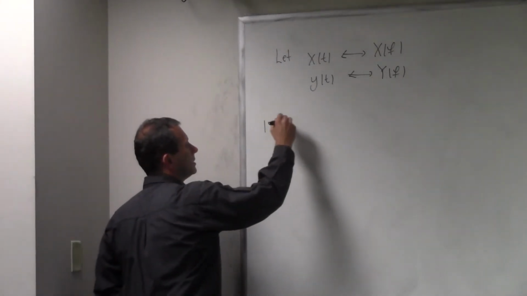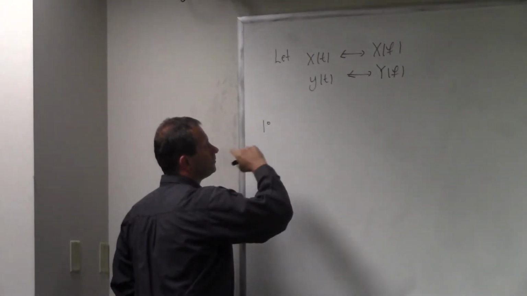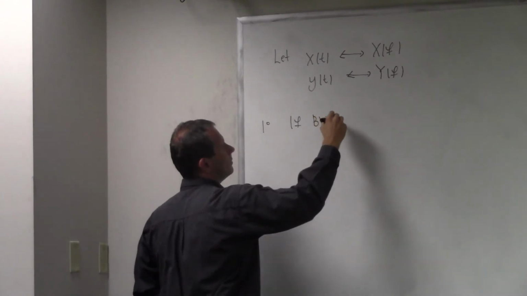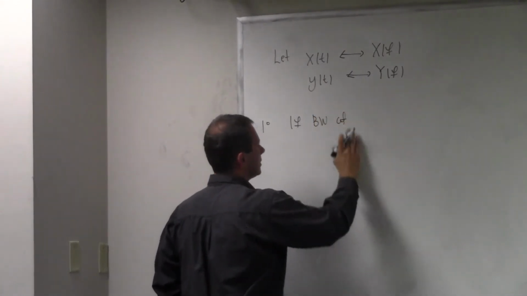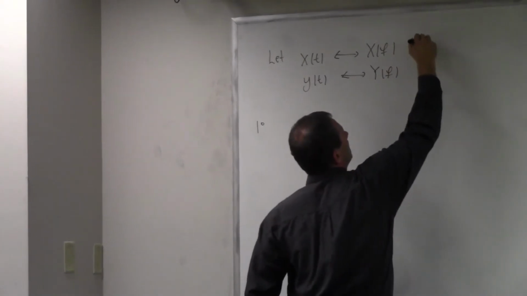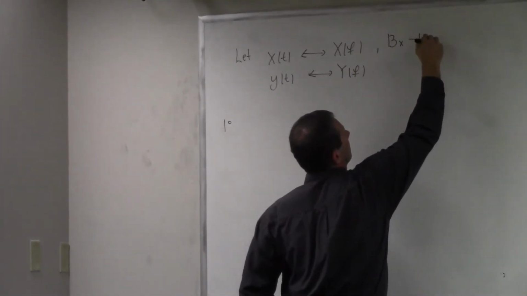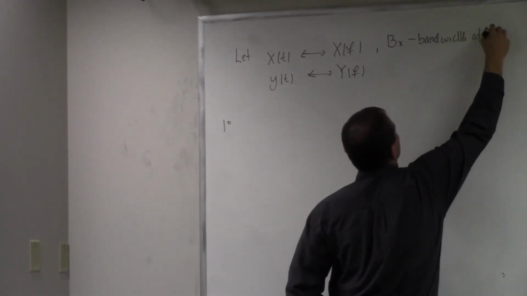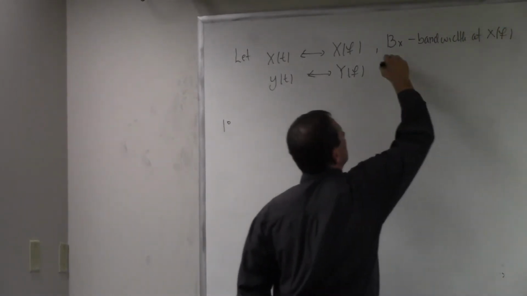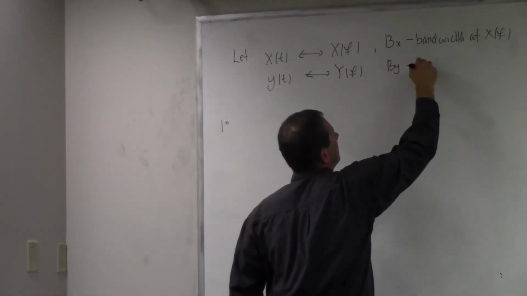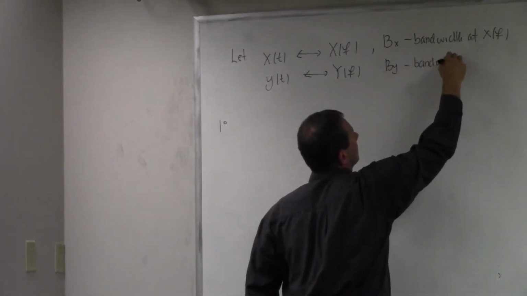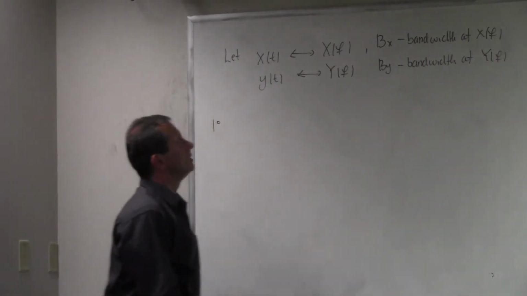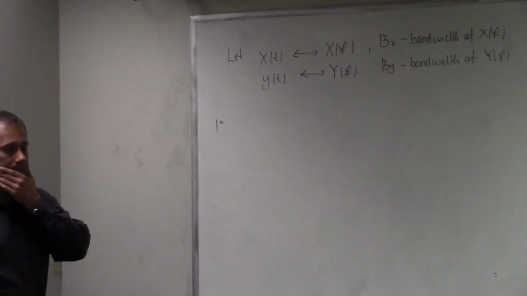The first property: let bx be the bandwidth of x of f, and by the bandwidth of y of f, right? Both of these are band limited, having these bandwidths.